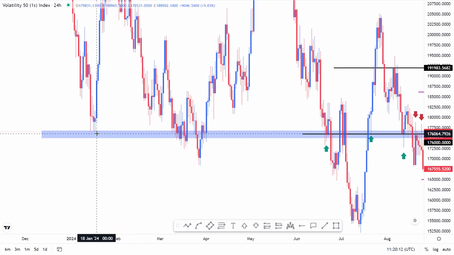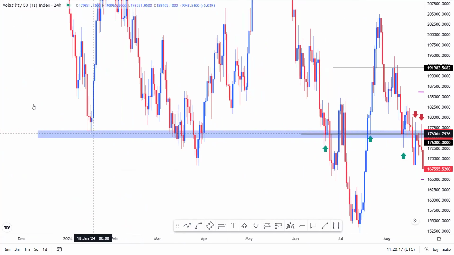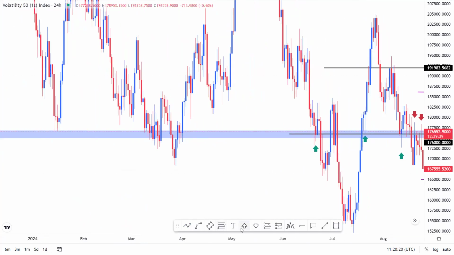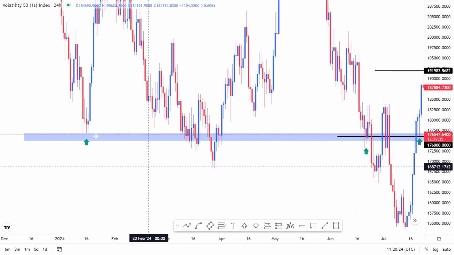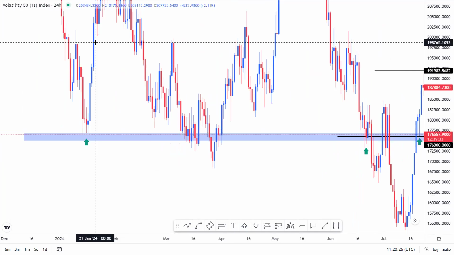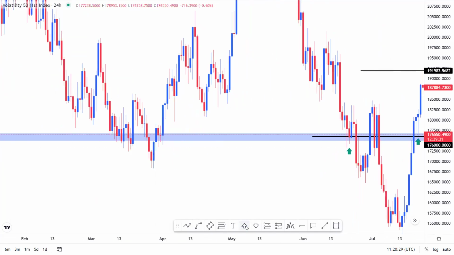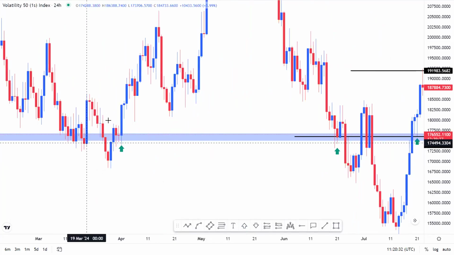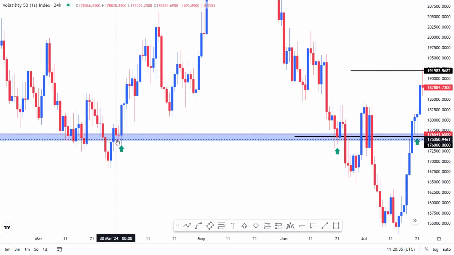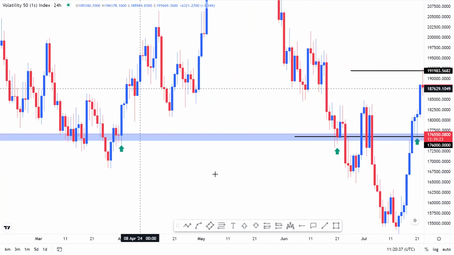Even from 8 months ago, January 2024, you can see we tapped into the level right about here. What would you notice? What a perfect rejection from the level. And then what? A bullish rally to the upside. You can see right about here, what a break above the level, a retest of the level, rejection from the level, and then it was a bullish price rally to the upside.